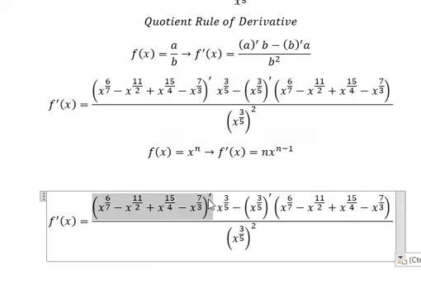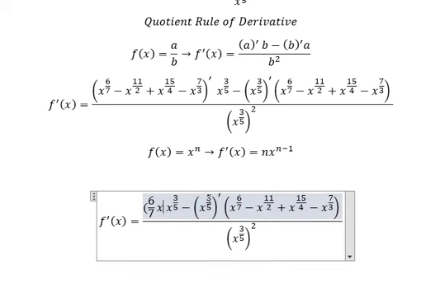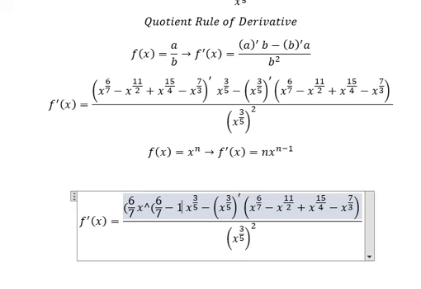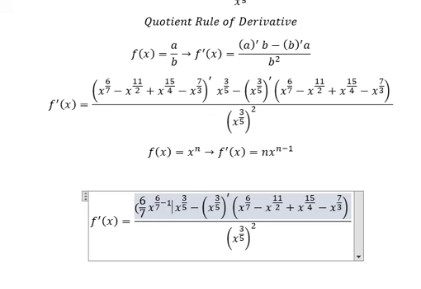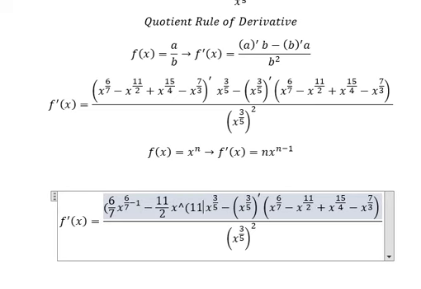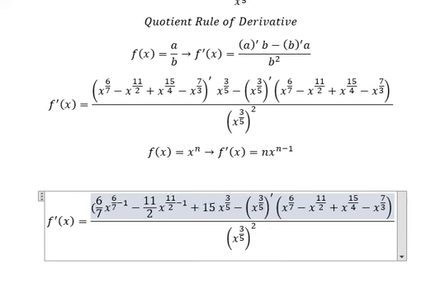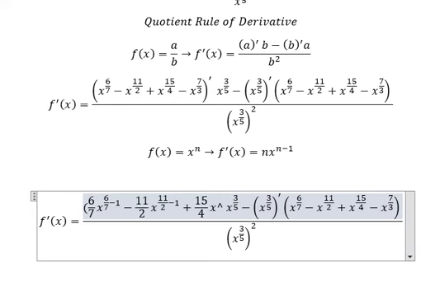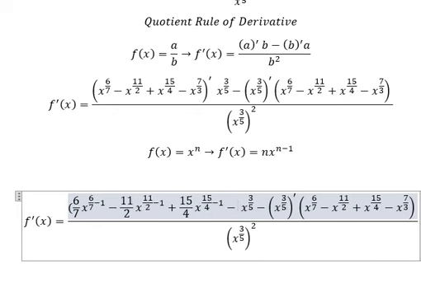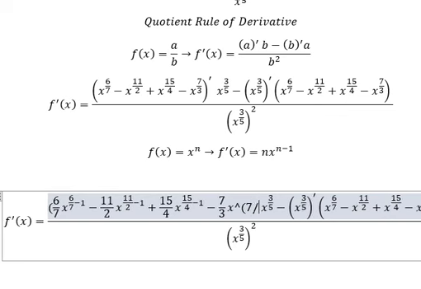So for this one in here, we have 6 over 7 s to the power of 6 over 7 minus 1, minus 11 over 2 s to the power of 11 over 2 minus 1, 15 over 4 s to the power of 15 over 4 minus 1, 7 over 3 s to the power of 7 over 3 minus 1.